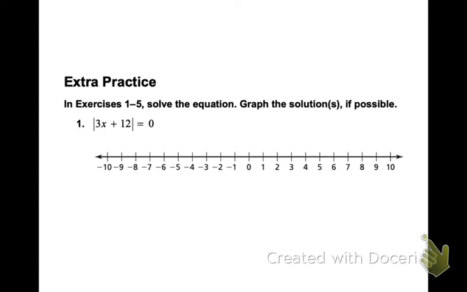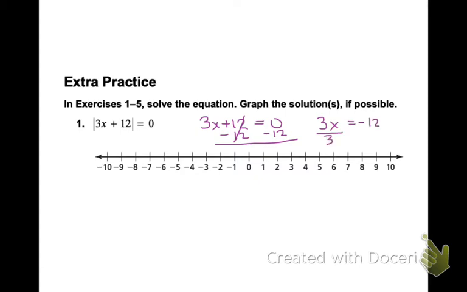So we just have to solve 3x plus 12 is equal to 0, because it doesn't make sense to say, or 3x plus 12 is equal to negative 0. So we just solve the two-step equation. I'm going to continue over here. So I'll get 3x is equal to negative 12.